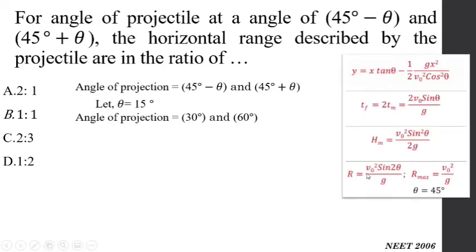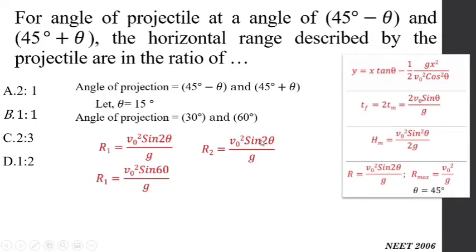So the range formula is V0 square sin 2 theta by G. To find R1, we will put 30 degree angle, so it becomes sin 60. And for R2, this angle becomes 120. So R2 will be equal to V0 square sin 120 divided by G. Now let us take the ratio of R1 and R2, because that is what we need to find out.